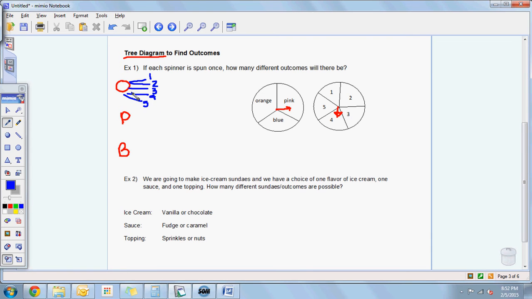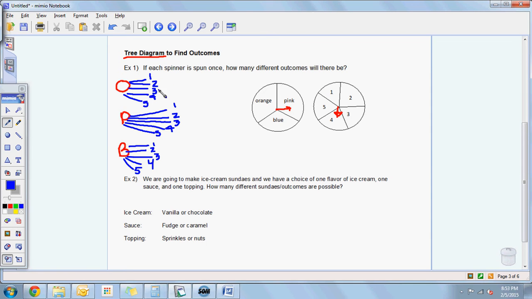Okay, so those are the different outcomes, okay? But I could also spin a pink and get a 1, pink and then a 2. Hopefully you're getting the picture here. So you're making a branch for each of the possible outcomes. Okay, and then finally I could roll blue and 1, blue 2, blue 3, 4, and 5. Okay, so there are your trees.